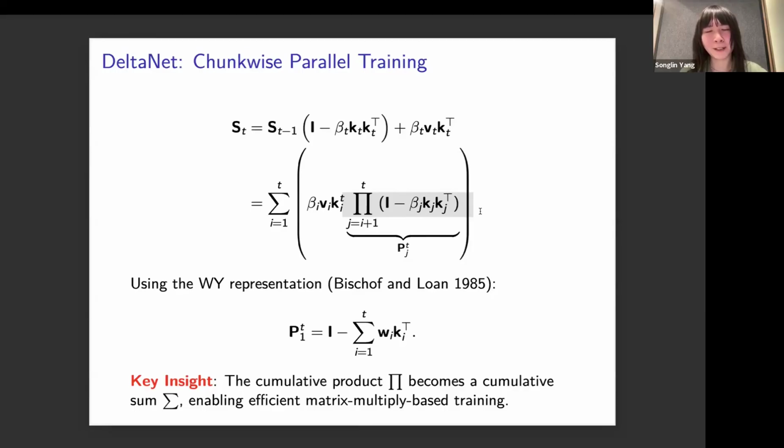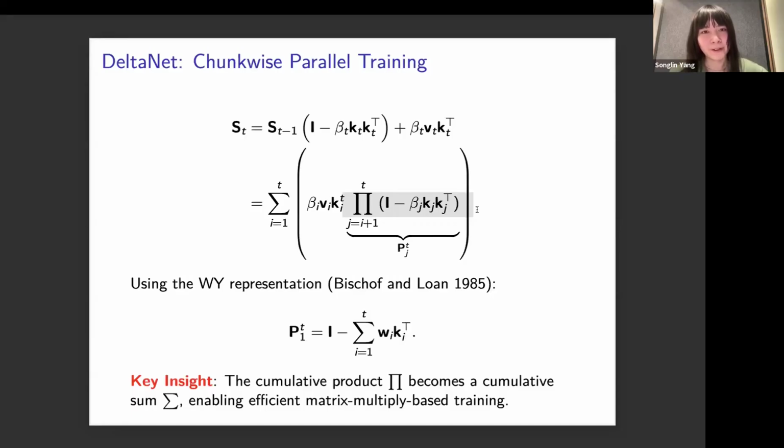The matrix multiplication complexity for two D by D matrices is D cubed, right? And this could be very, very expensive because we are doing cumulative matrix multiplication here. If the transition matrix is not structured, the cumulative product could have complexity L times D cubed, so it is totally unacceptable.